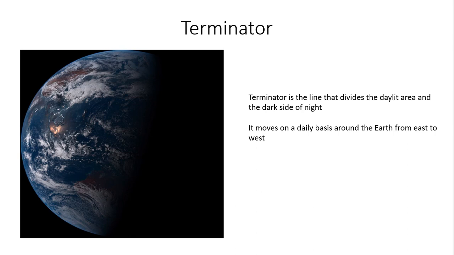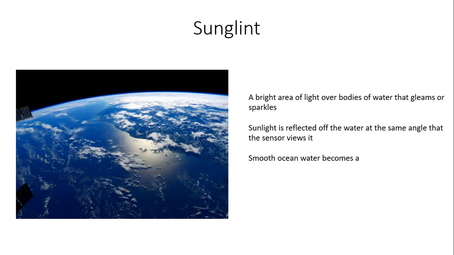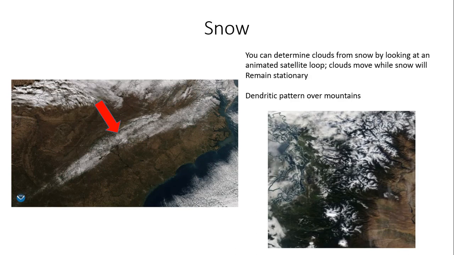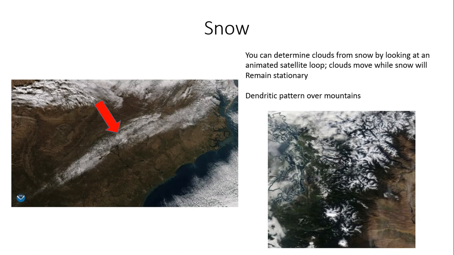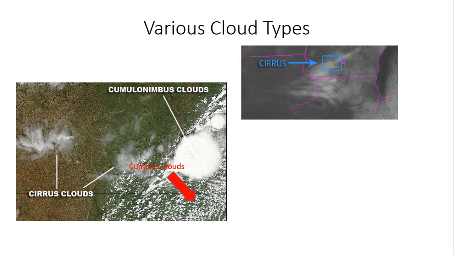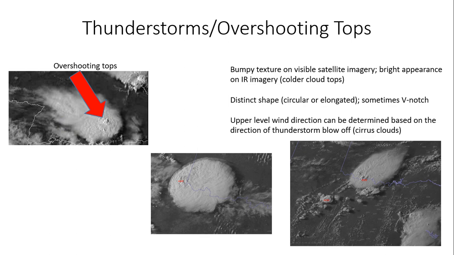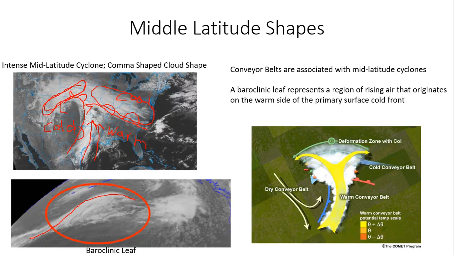We talked about the Terminator line, sunglint, thunderstorms, and other features, what snow looks like, what fog and stratus look like. They're much duller gray in appearance, rather featureless on IR imagery compared to snow. Okay. We looked at various types of clouds, and then thunderstorms and overshooting tops, mid-latitude shapes, and the amount of information I can glean from that.